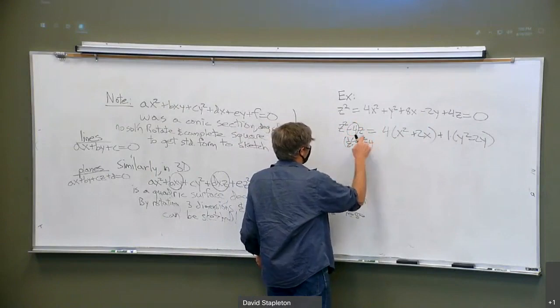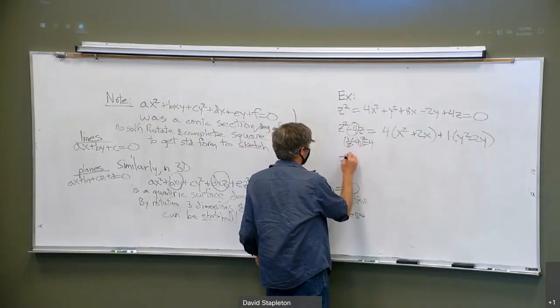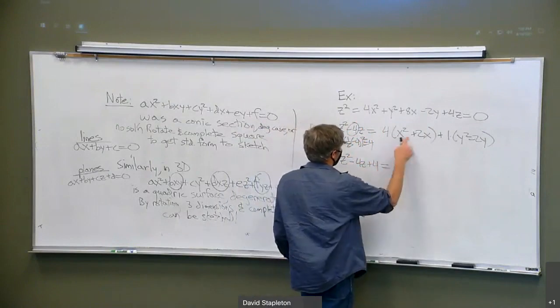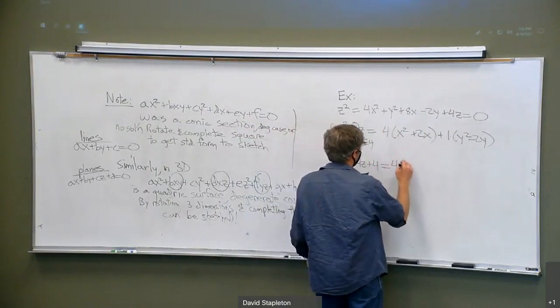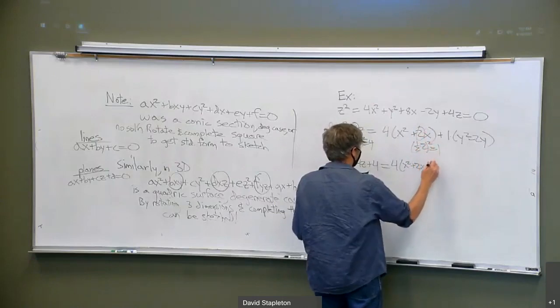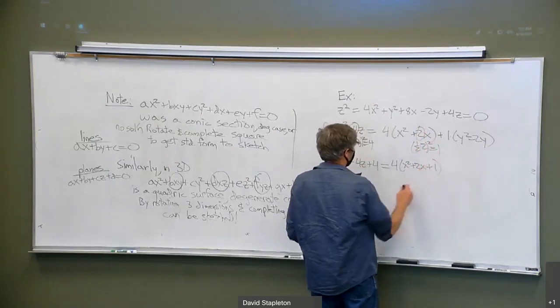I get 4. I need to add 4 over here. So z squared minus 4z plus 4 makes a perfect square here. And then over here, I've got 4 times x squared plus 2x. 1/2 of this number squared is 1. So I need plus 1 here to make a square.